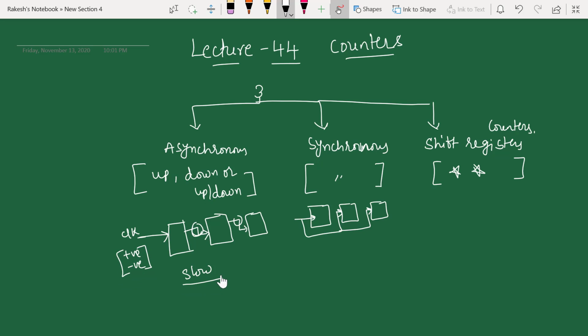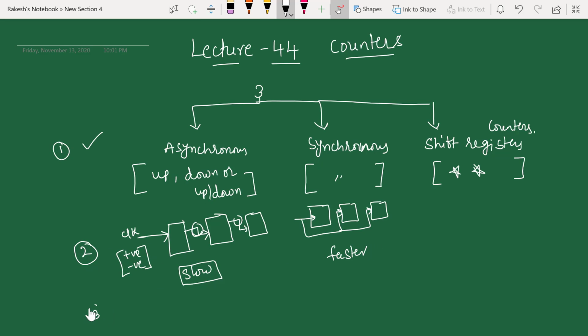So that means it is going to be a little slow. Whereas in this case, all the flip-flops are connected to the clock at the same time. So all the flip-flops will change their state at the same time. So it will be faster. This is the first difference. So this is the second difference, like this is a slow process and this is a fast process.